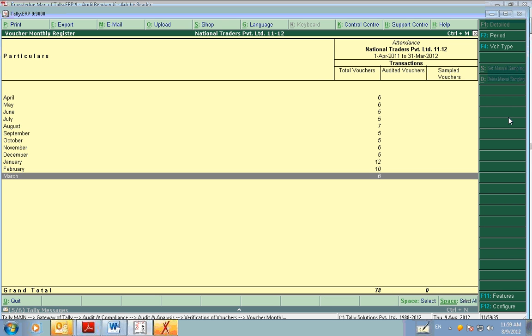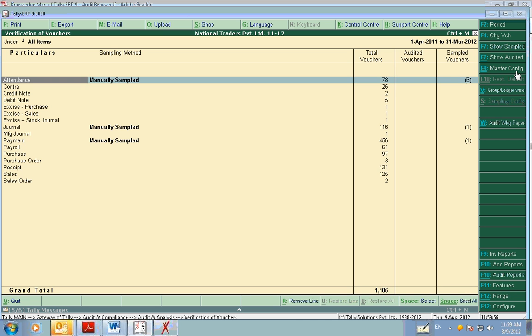For entire March, if I am selecting manual sampling, so the manual sampling is set. This is for your attendance details, and the entire March vouchers will be sampled vouchers, that is manual vouchers. Here, the entire attendance has changed to sample method as manual. If you feel you don't want this, you can always go and choose the relevant sampling methods given in Tally.